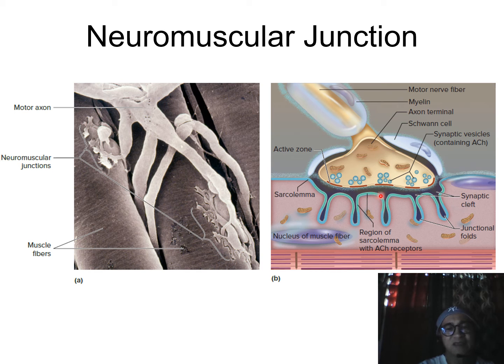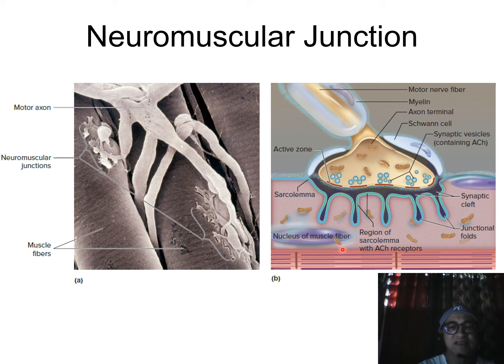Because they are ligand-gated, these ion channels can only open when a chemical transmitter binds to them, and in this case, acetylcholine that comes from the axon terminals of the motor neuron. As the acetylcholine binds to these ligand-gated ion channels of the motor end plate, they open up, allowing graded potentials to occur at the motor end plate, which we call end plate potentials.